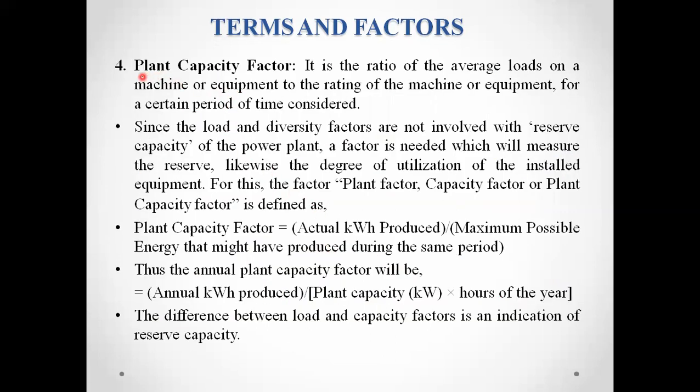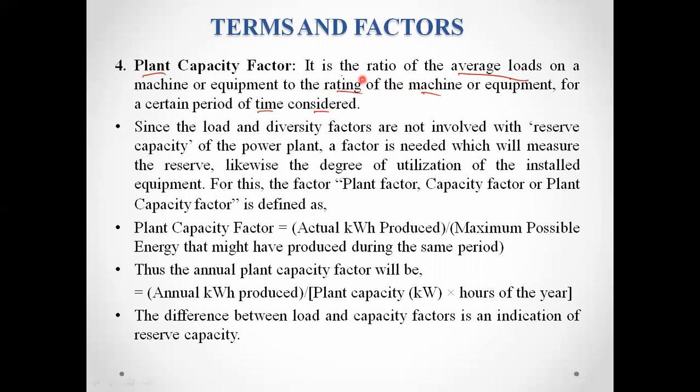Then there is the plant capacity factor. What is the plant capacity factor? It is the ratio of the average load on a machine or equipment to the rating of the machine or equipment for a certain period of time considered.